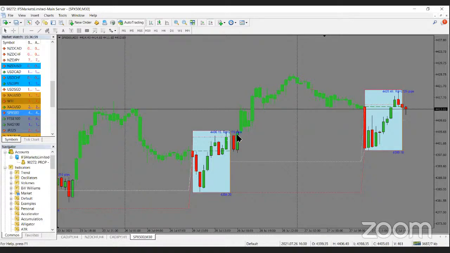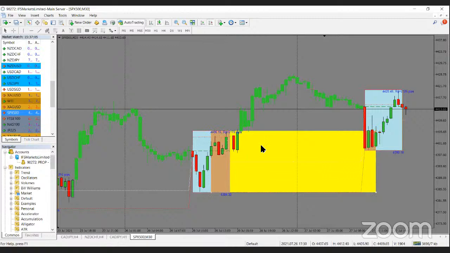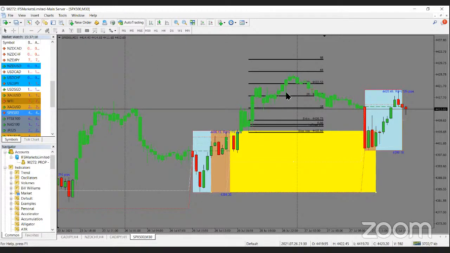For example, you can see that price breaks and retests the high of the channel. I'm not talking about the middle line, simply the high of the channel. Market entry, stop loss at the low of the candle. We should be able to target at least 2:1 with a more than 50% win rate.